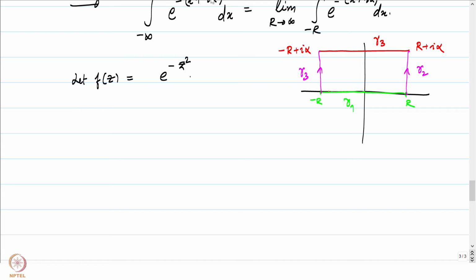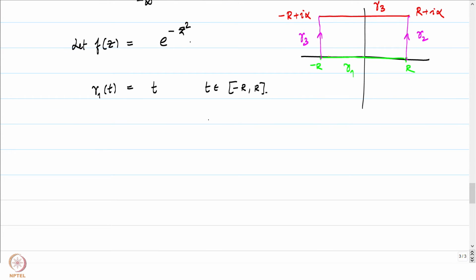Now, if you parameterize these curves gamma, so let's see, gamma 1 of t is just equal to t, where t belongs to minus r comma r. Let's now look at what would be the integral of the function f of z over each of these curves, and try to see how we can relate it to our problem in hand.